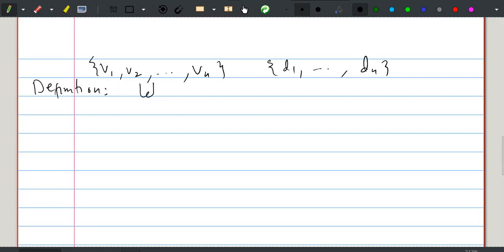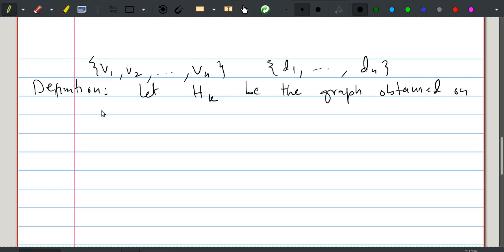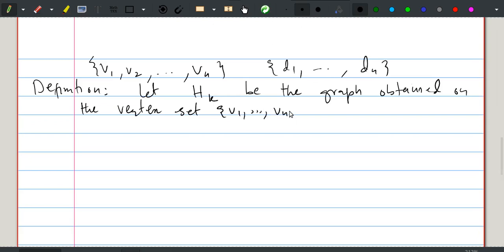Let hk be the graph obtained on the vertex set v1 through vn by joining vk to dk vertices.